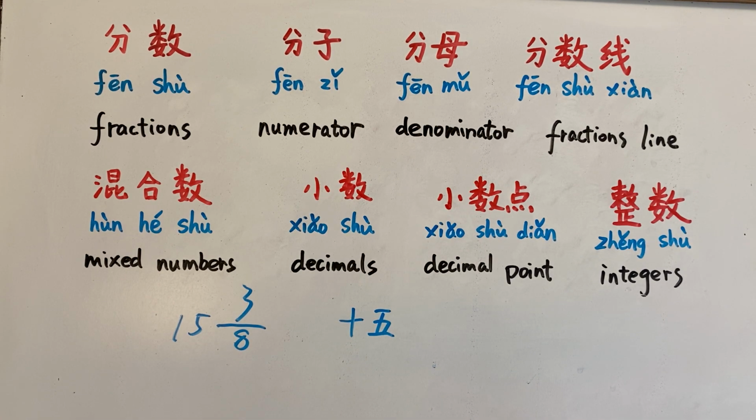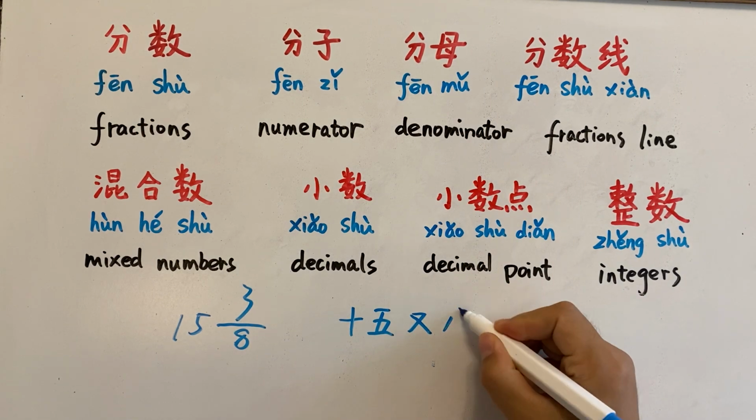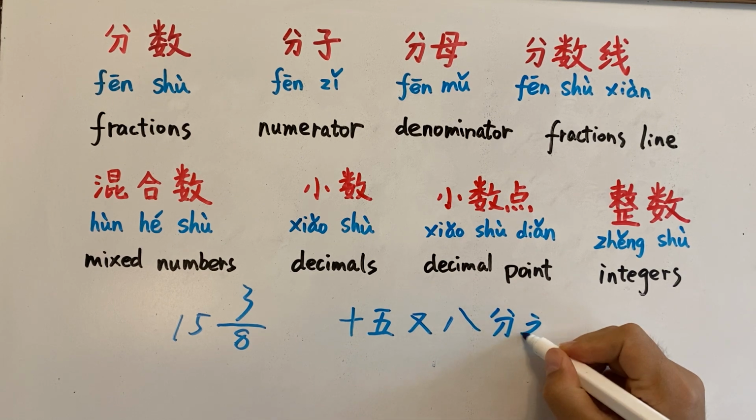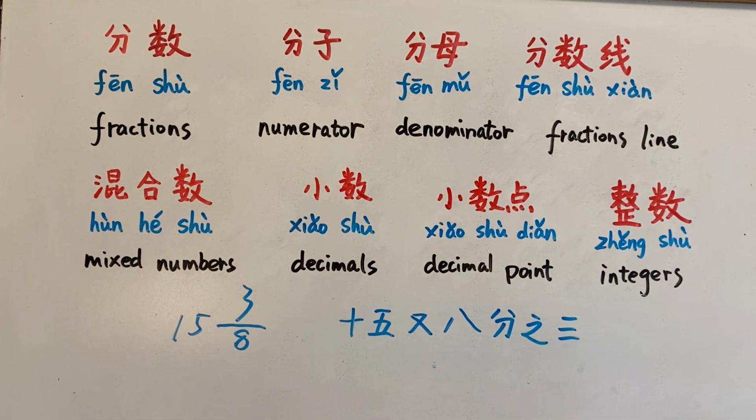So 15 plus, 15又, right? 又. Denominator first and then numerator. 15又8分之3. 3 is the Chinese character of 3.